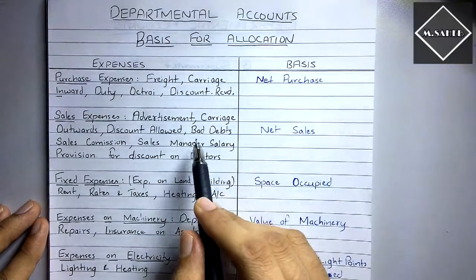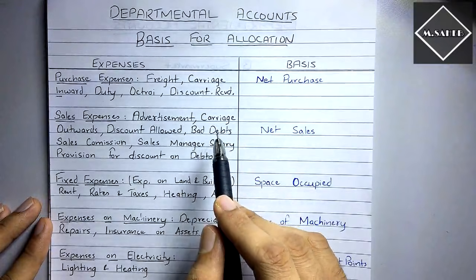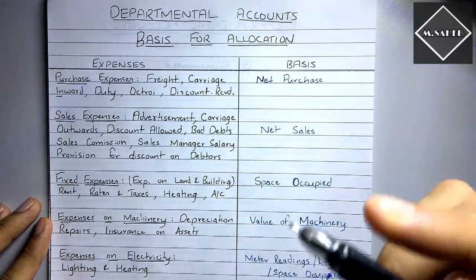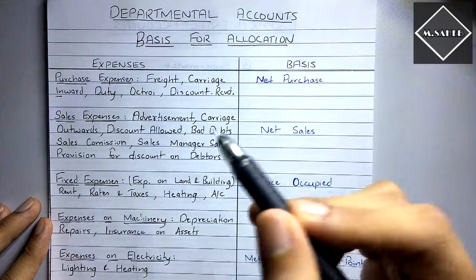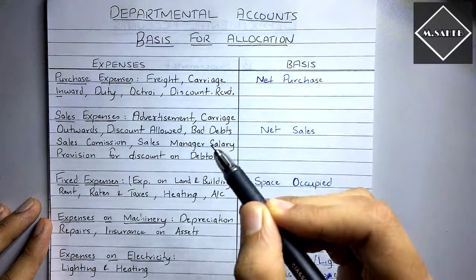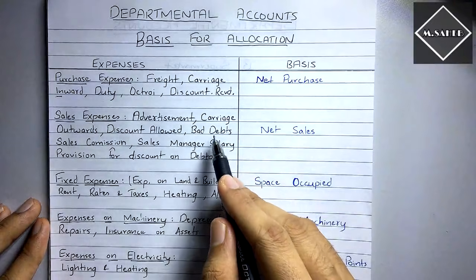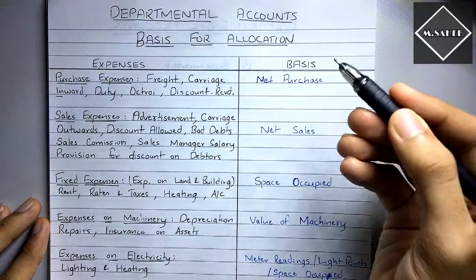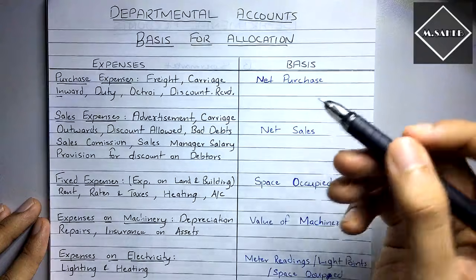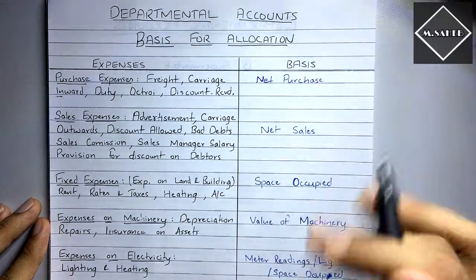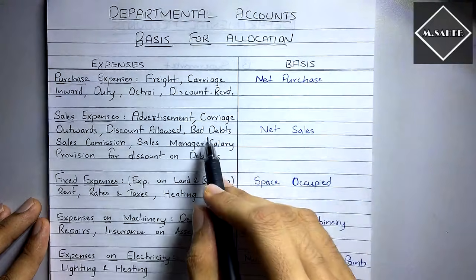It happened because you sold goods on credit. So it is directly connected with sales. Bad debts happen if you sell goods on credit. If you don't sell goods on credit, bad debts will never happen, right? So the connection is directly with sales.